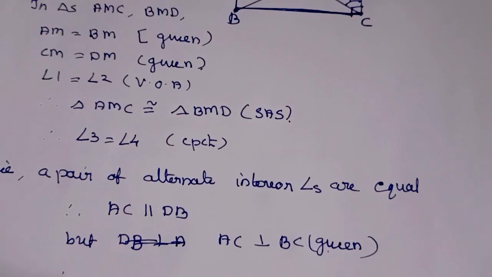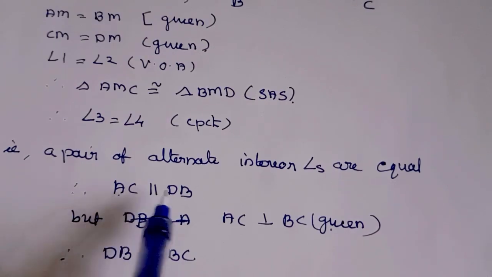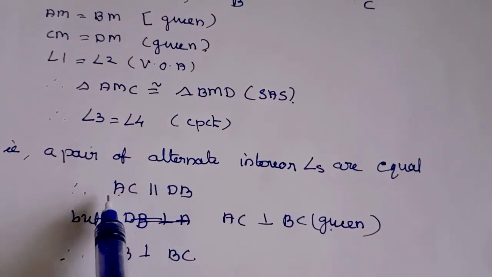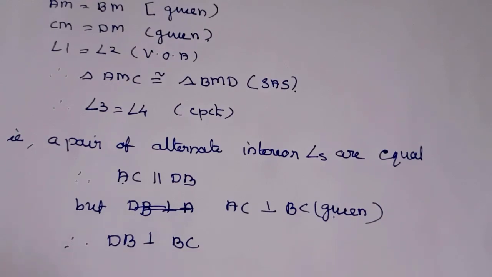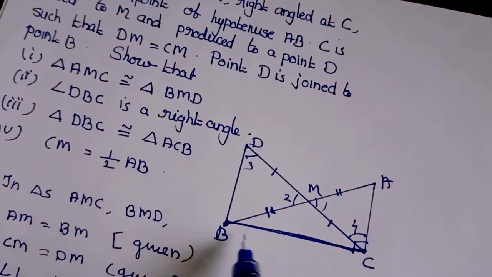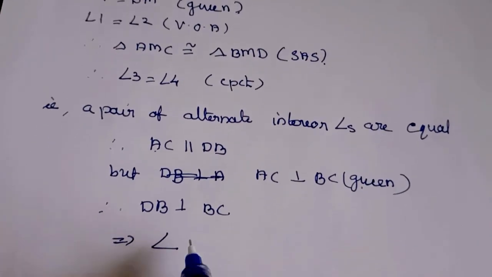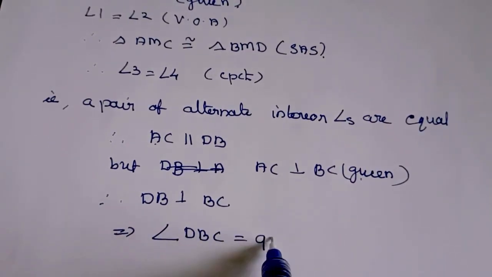Therefore, we get DB is perpendicular to BC. Since AC and DB are parallel, if AC is perpendicular to BC, then DB is also perpendicular to BC. That implies angle DBC equal to 90 degrees. That is the second part.